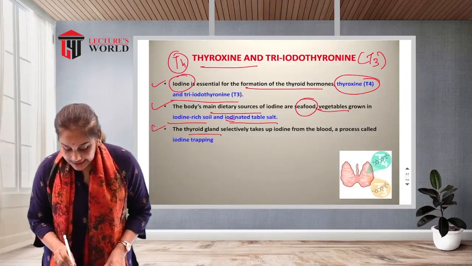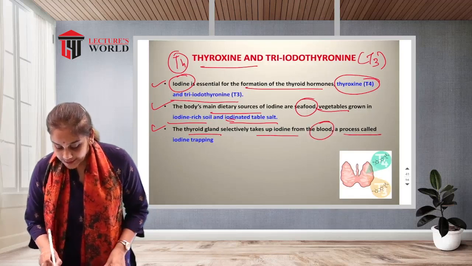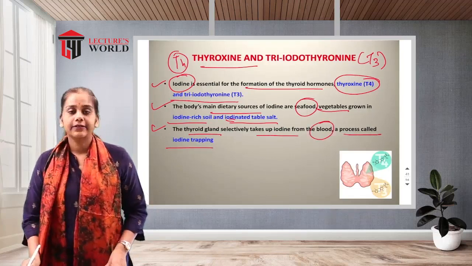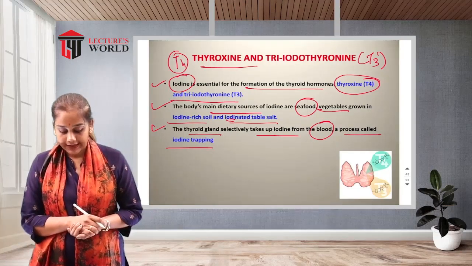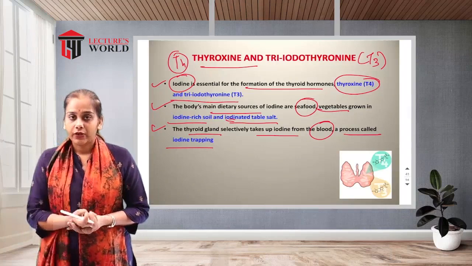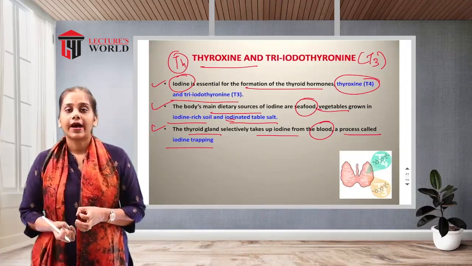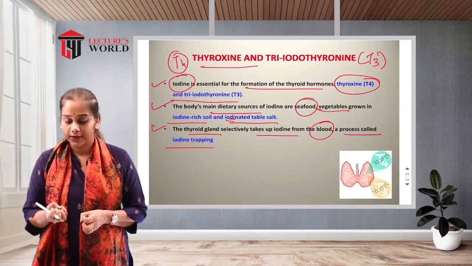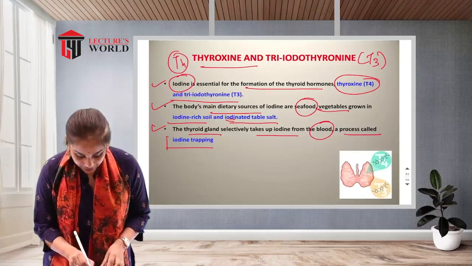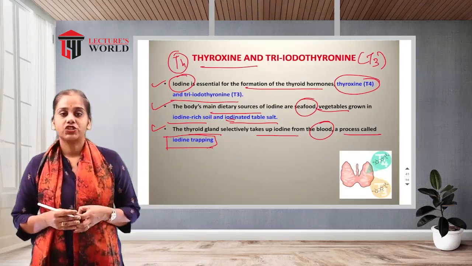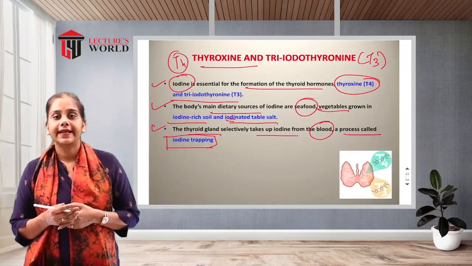The thyroid gland selectively takes up iodine directly from the blood, and this process is called iodine trapping. It is very essential for our body for the production of T3 and T4.